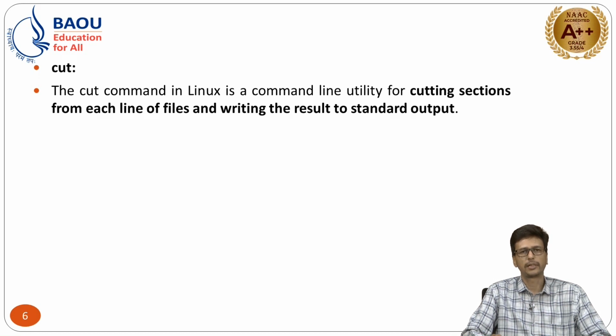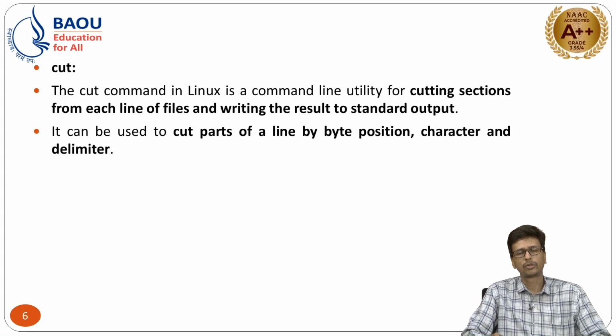So say for example, we have one comma separated file, that is a CSV file, and we require to extract only a few of the columns or fields from that particular file. In that case, you need to apply this cut command. So in short, if you want to cut some specific portion of a particular file, in that case you use this cut filter.